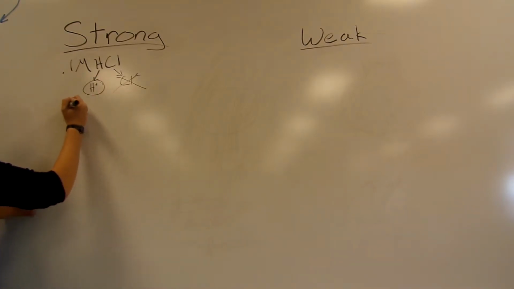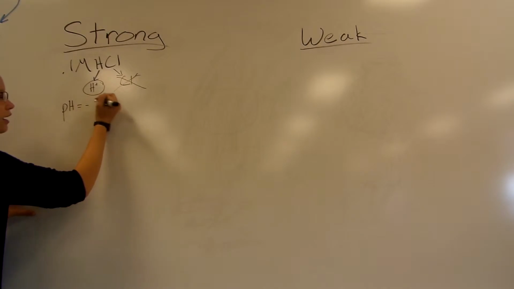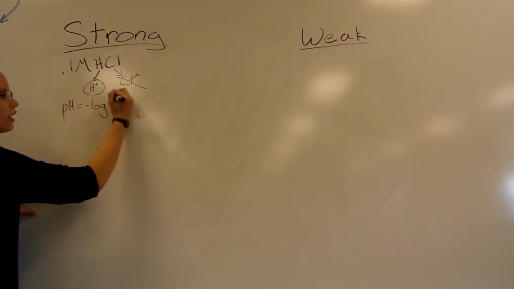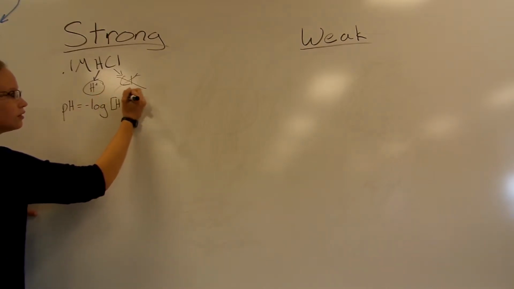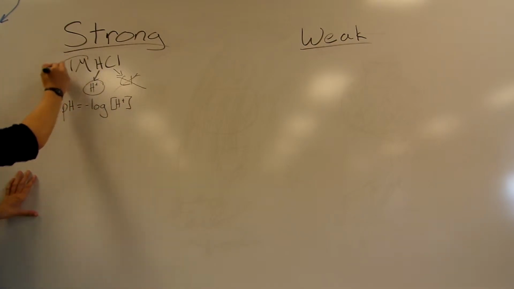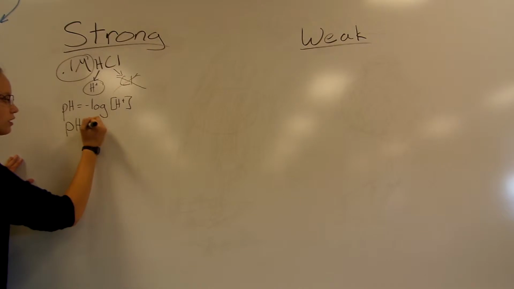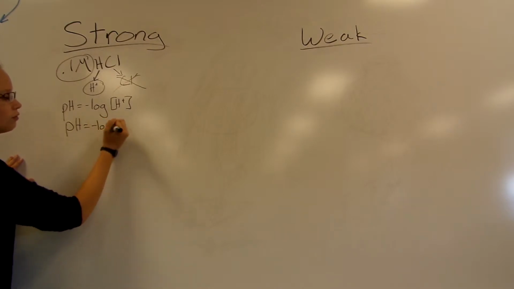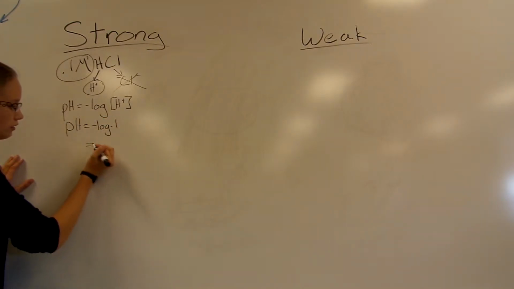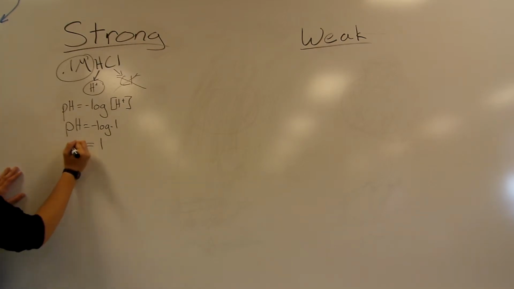And we know that pH is equal to the negative log of our concentration of H plus. And we know our concentration of H plus is 0.1 molar, so we just plug that in, and the pH will be negative log 0.1, which is equal to 1.